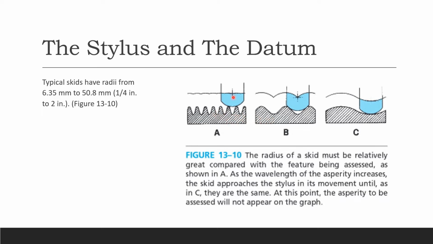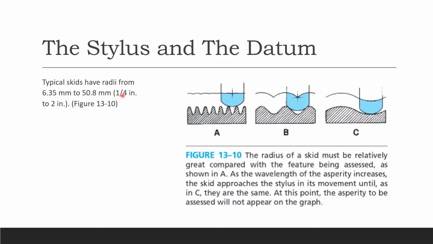What it's trying to tell you is the radius of this skid has got to be bigger than the wavelength of your asperity. As the wavelength of asperity increases, the skid approaches the stylus in its movement until S and C are the same. At this point, the asperities will not appear on the graph at all.